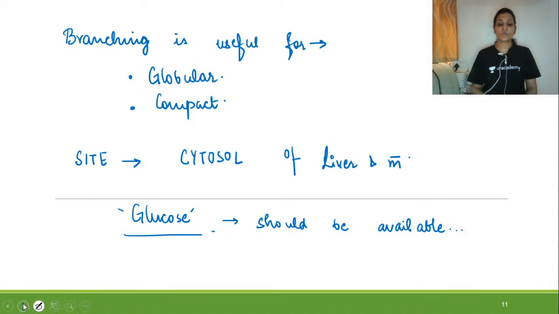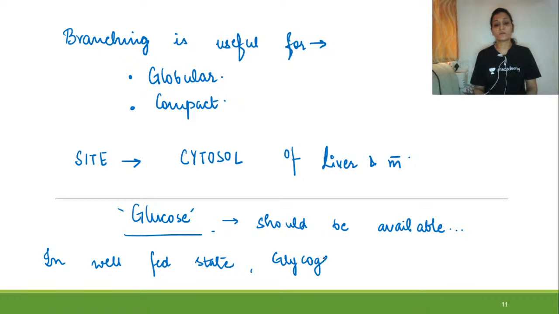Whenever a person is in a well-fed state, whenever he has just consumed food, there will be synthesis of glycogen from glucose. So glycogen synthesis occurs whenever a person is well-fed.